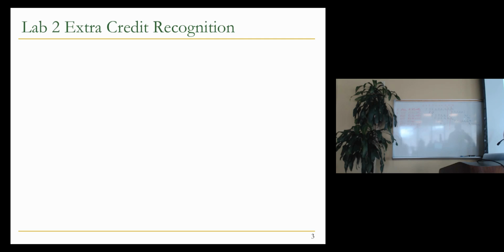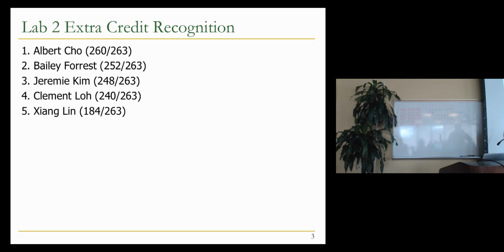Having said extra credit, I'd like to recognize those of you who've done extra credit for Lab 2. 5 people actually did it, which is better than last year. It was 1 person who did a microprogrammed implementation. Now we have 5 people, and these are the winners. And this is in terms of correctness. Albert, who was there.